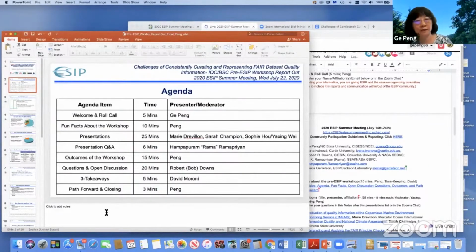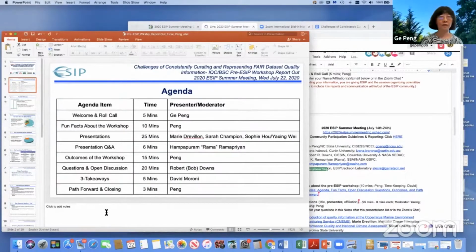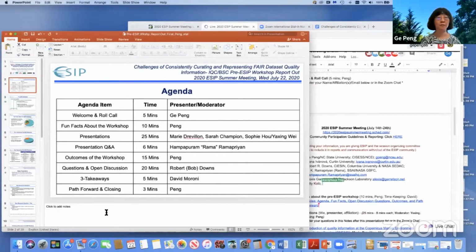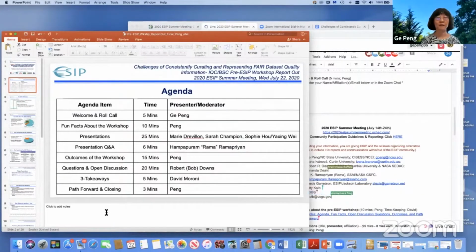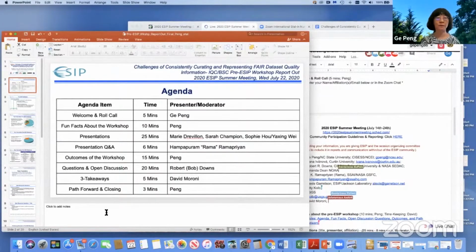After a short roll call, I will talk a little bit about the Pre-ESIP workshop and some of the fun facts, followed by the 3 invited presentations from the workshop participants, and a short Q&A session.